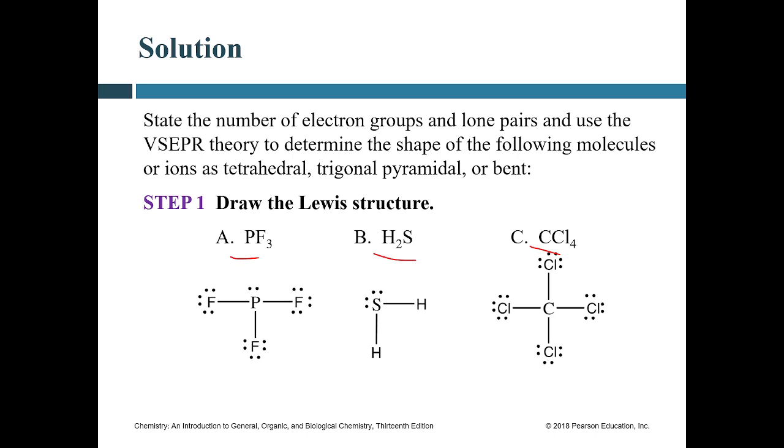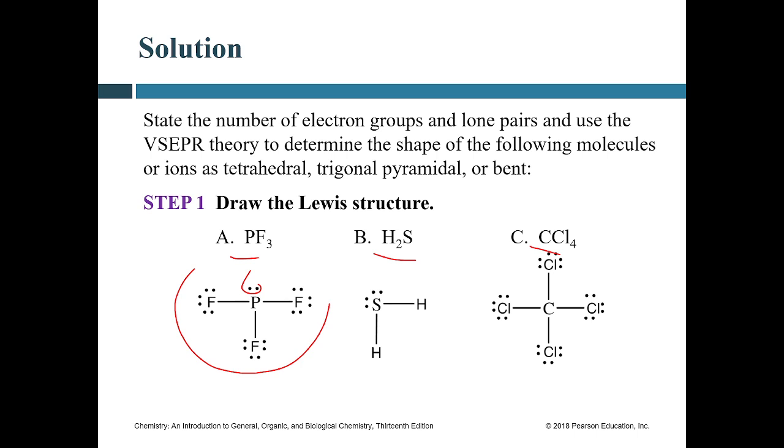Never start with double and triple because it'll cause you problems. Then we fill the stuff in on the outside first. Any extra electrons go in the center, right? And then, if we need to, we move lone pairs of electrons that aren't in bonds into bonds if we need to fill up the octets.